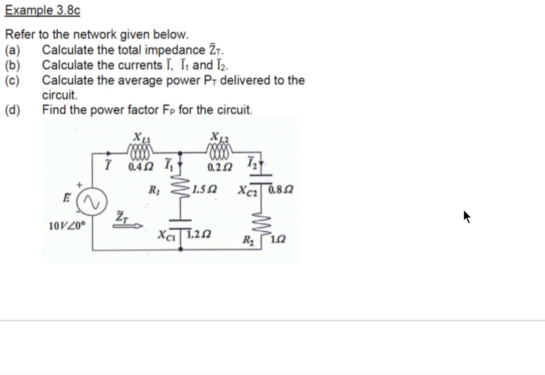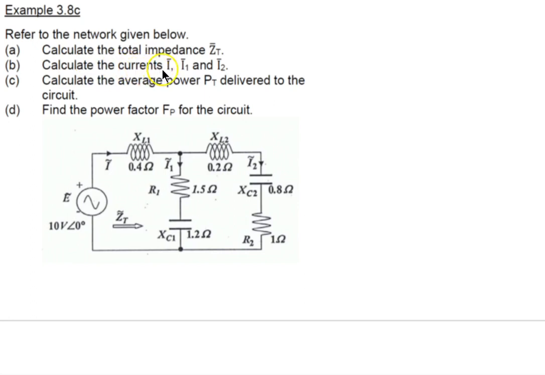In this video, we want to look at example 3.8c, which is found in your lecture notes. These questions have four parts. First part is calculate the total impedance ZT for the whole circuit. That means at this point, we look at this whole circuit. What's the total impedance?